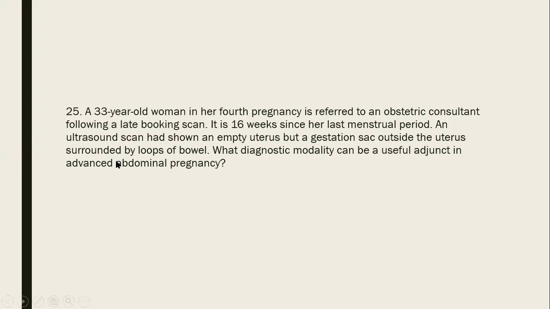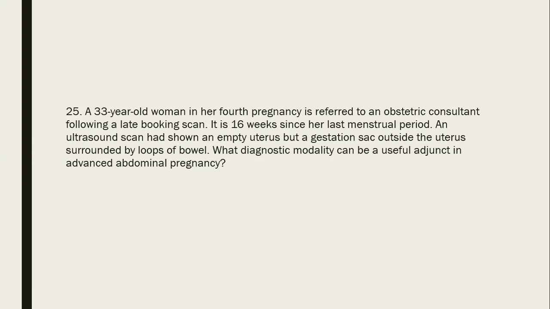Okay. A 33-year-old woman in her 4th pregnancy is referred to an obstetric consultant following a late booking scan. It is 16 weeks since her last menstrual period. An ultrasound scan has shown an empty uterus, but a gestational sac outside the uterus, surrounded by loops of bowel.